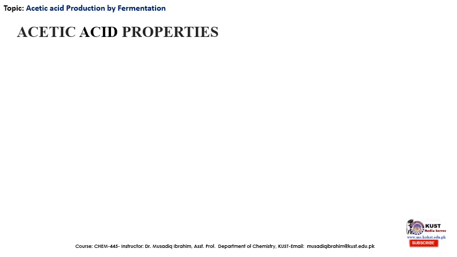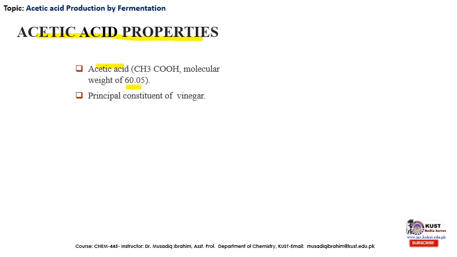Now moving towards the acetic acid properties. So the acetic acid has a molecular weight of 60.05, and it is a principal constituent of vinegar. So you all know that the vinegar has around 4 to 8% of acetic acid present in it, and the rest is water. The first vinegar was spoiled wine.